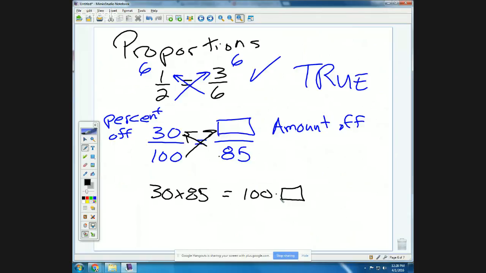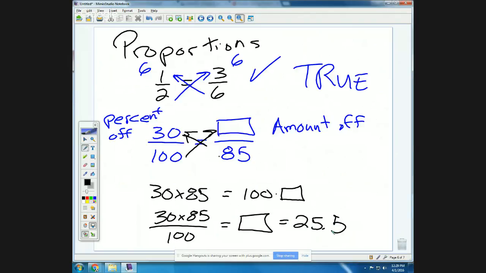So the missing number is whatever 30 times 85 is, over 100. And it was what, 2550? So that's one of the standard ways of doing proportions: cross multiply, divide.